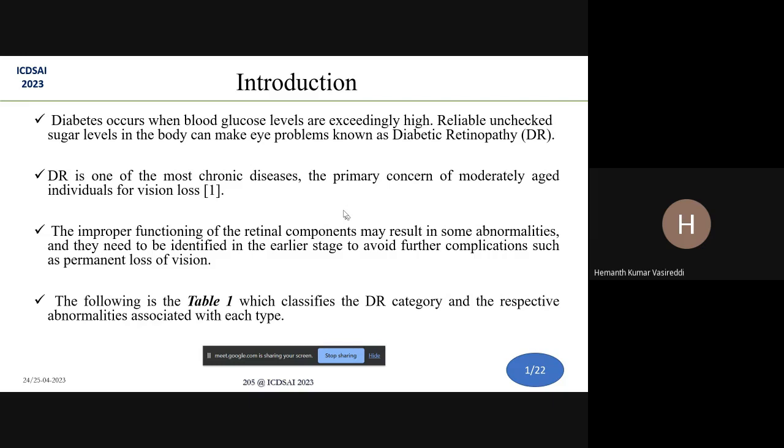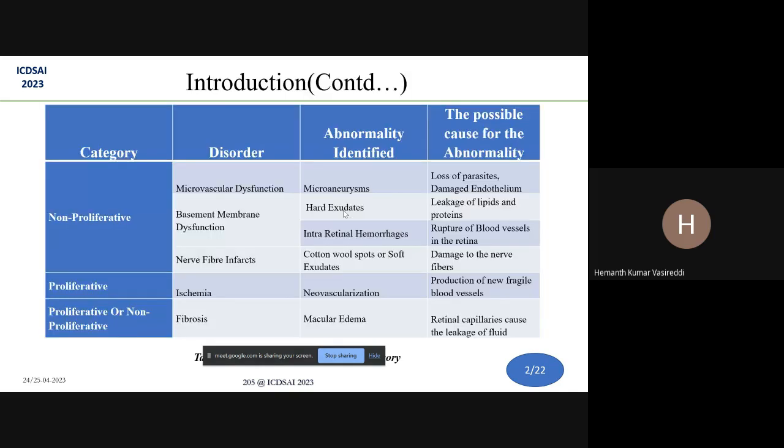The following is a table which classifies the abnormalities. If you observe here, we have the categories non-proliferative and proliferative diabetic retinopathy, which we call NPDR and PDR.